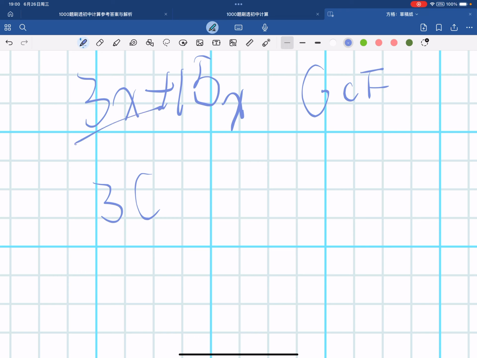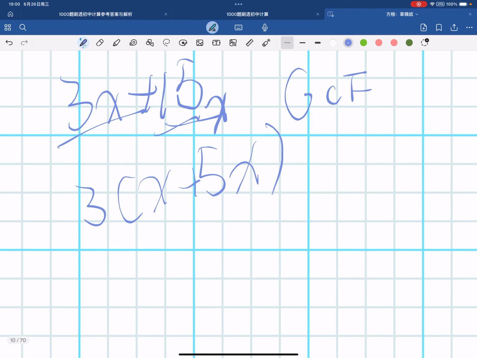And 3x divided by 3 is x, 15x divided by 3 is 5x. And with that, the factorization of this question has been done.